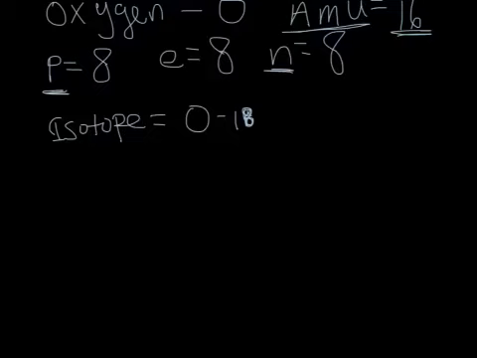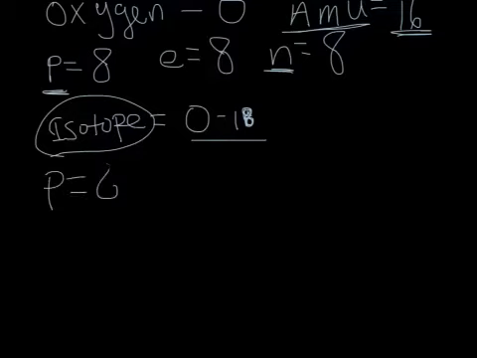Now, an isotope, a variation of that oxygen, is oxygen 18. What does this mean? It means that the number of protons is still 8, since protons determine what kind of element it is. It's still oxygen, so it has to be 8. Okay, so for every proton, there's an equal number of electrons. Since this is not an ion, it's an isotope, the number is still 8 for electrons.